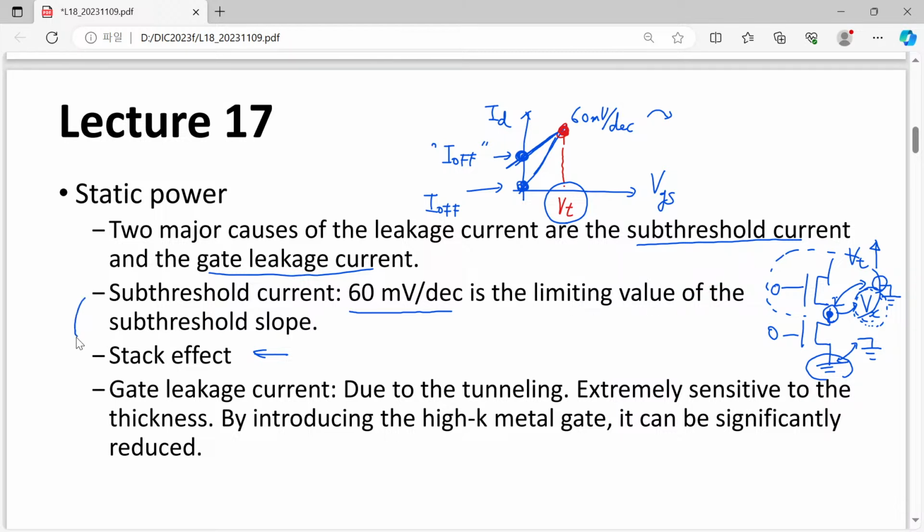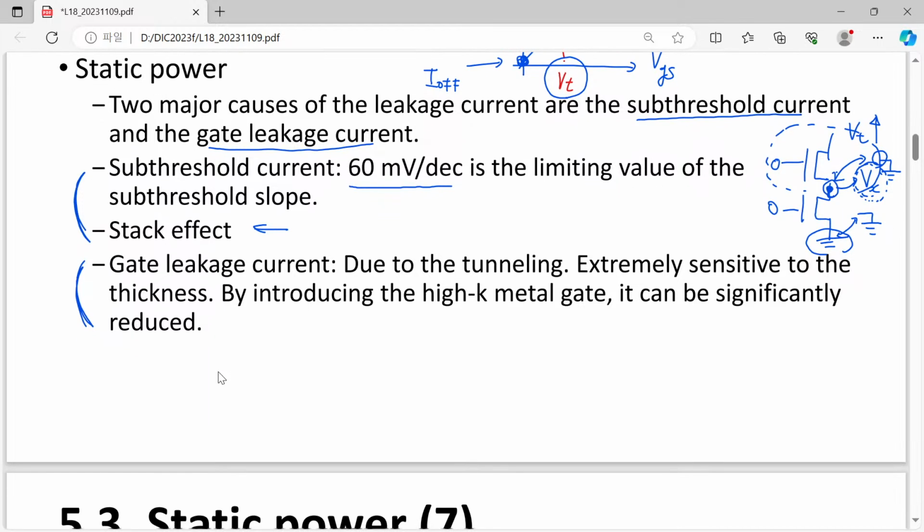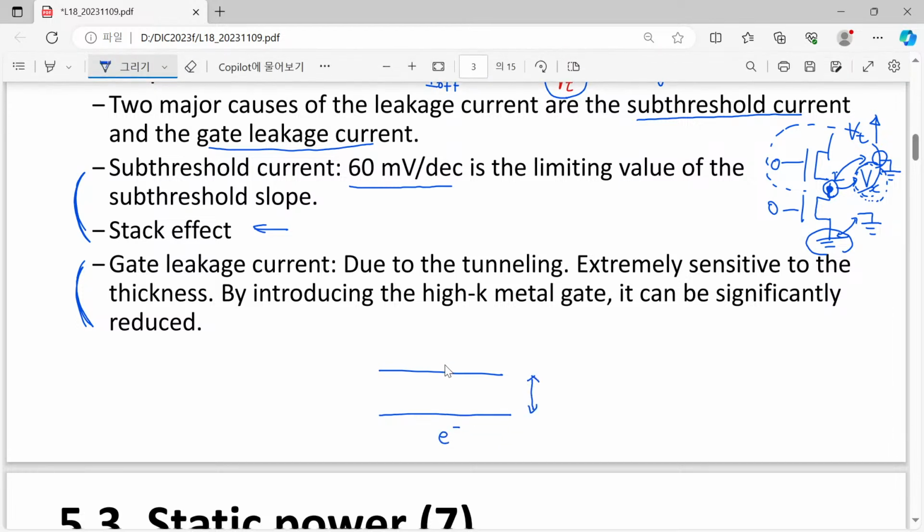That was related to the subthreshold current, and we have another discussion on the gate leakage current. Due to the tunneling, the gate leakage comes in, and when we have a very thin oxide layer, it becomes the showstopper. If we have extremely thin oxide, then this is the best situation for our electrons to tunnel into the gate or oxide layer.